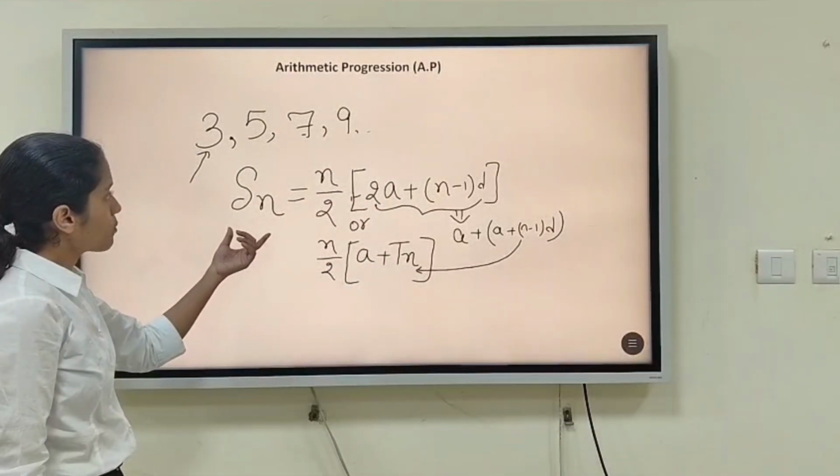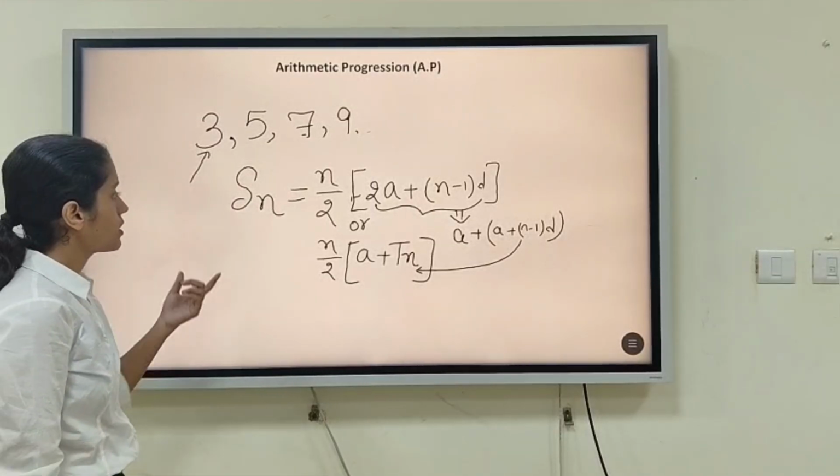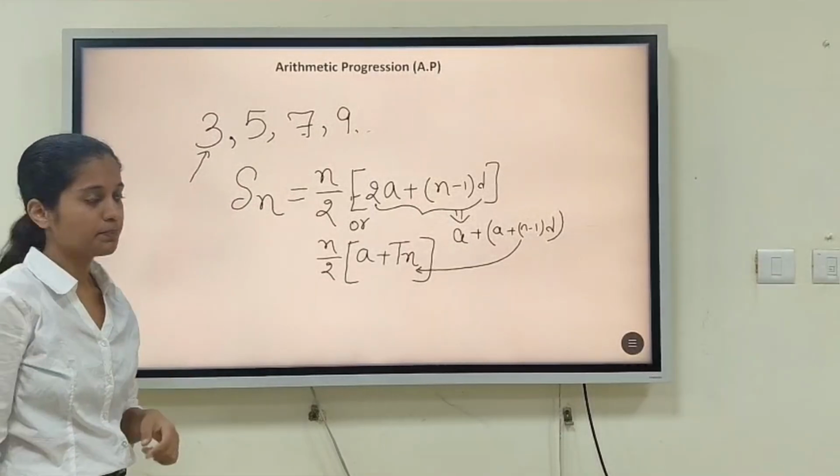So by using this formula we can find the sum of the first n terms of a sequence which is in AP.